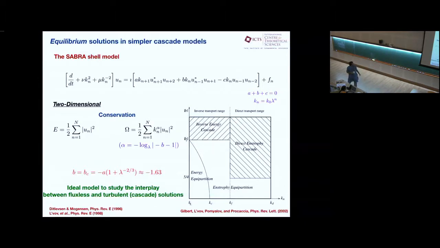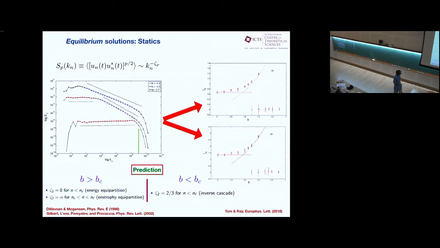So in a sense, and I won't be discussing this a lot, but I just wanted to emphasize this: apart from the usual DNS games that one plays, it's also useful to look at simpler dynamical system models, such as the shell model, which are ideal to investigate these questions of the interplay between equilibrium and cascade solutions.